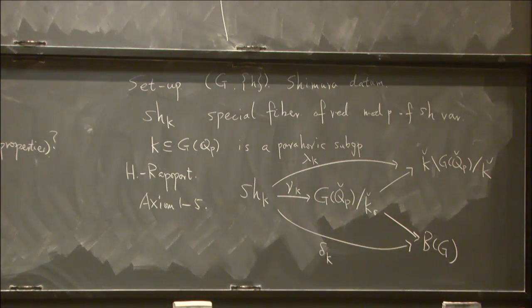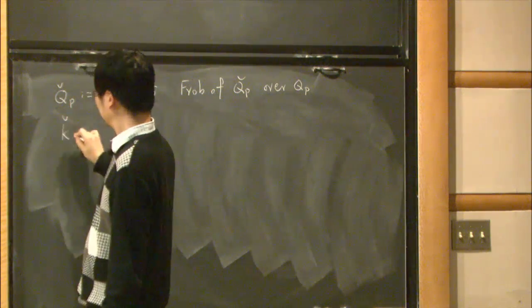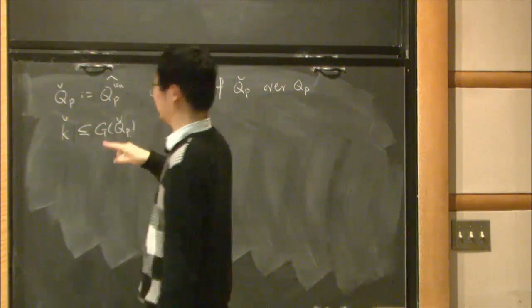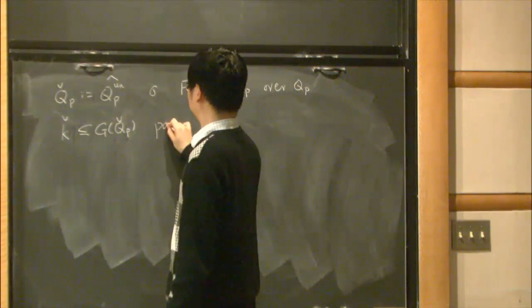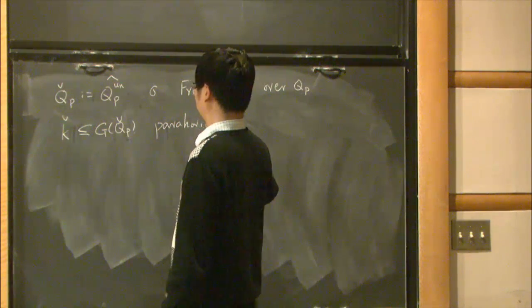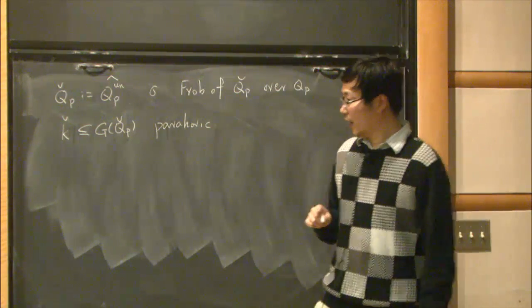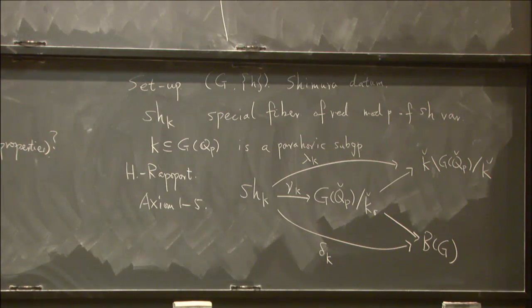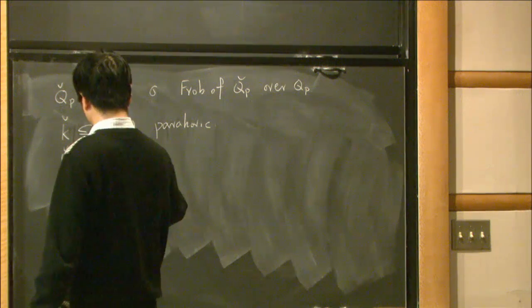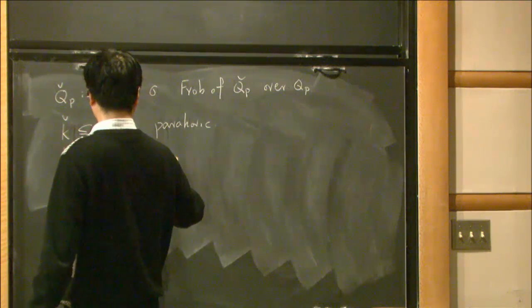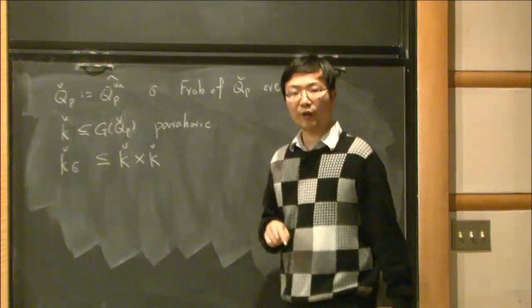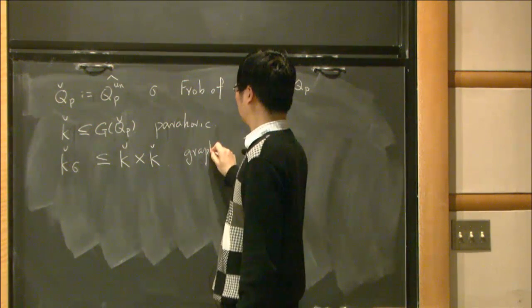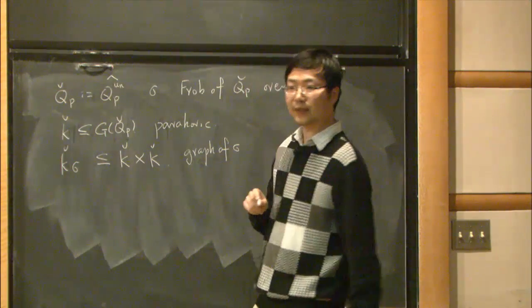And then this actually leads to the parahoric subgroup of this larger group. And here, this one is contained in the product of this parahoric subgroup. So this is the graph of this Frobenius.